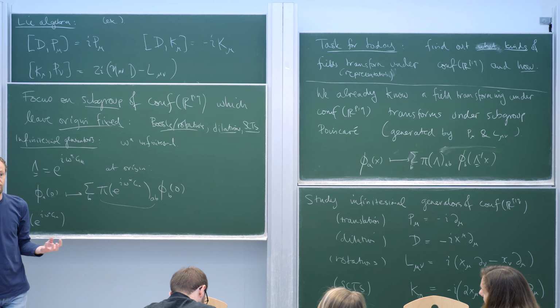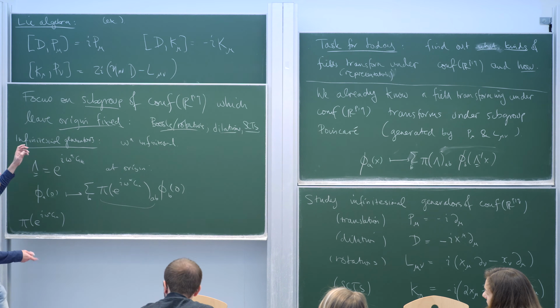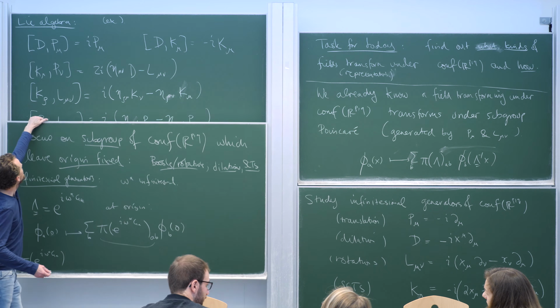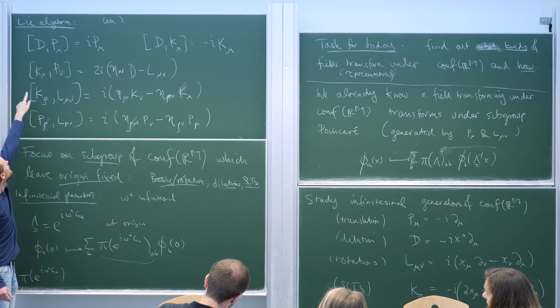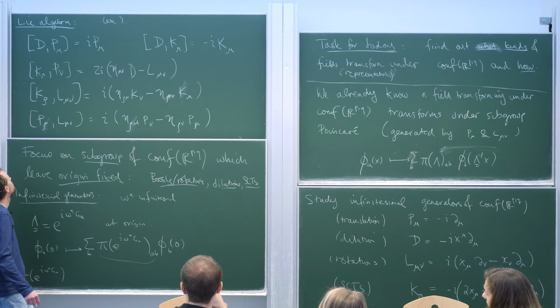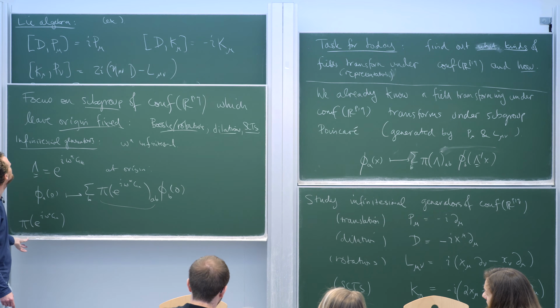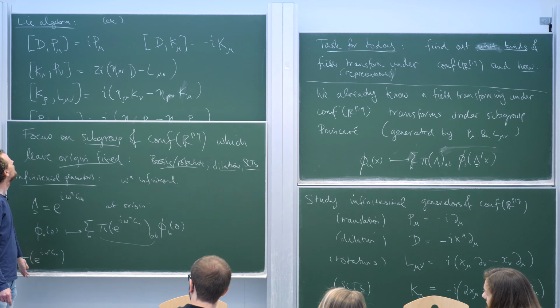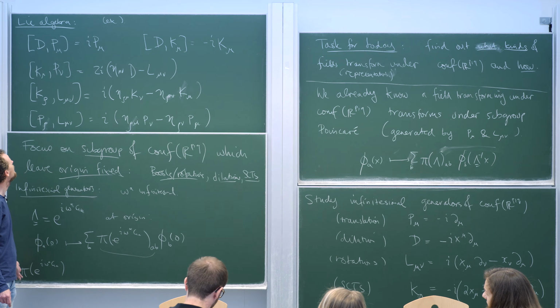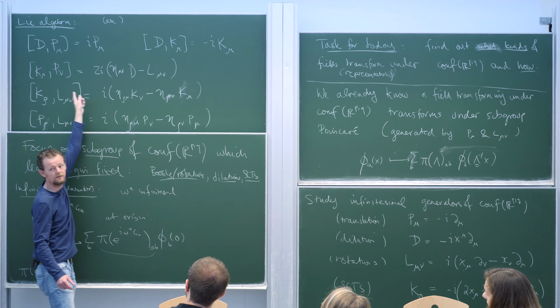And then furthermore, once you know that the dilations act trivially, you learn that the special conformal transformations act trivially. That's a non-trivial piece of data that comes out. And that comes from these relations up here, as we'll see. See this one here? There's D's and L's there.